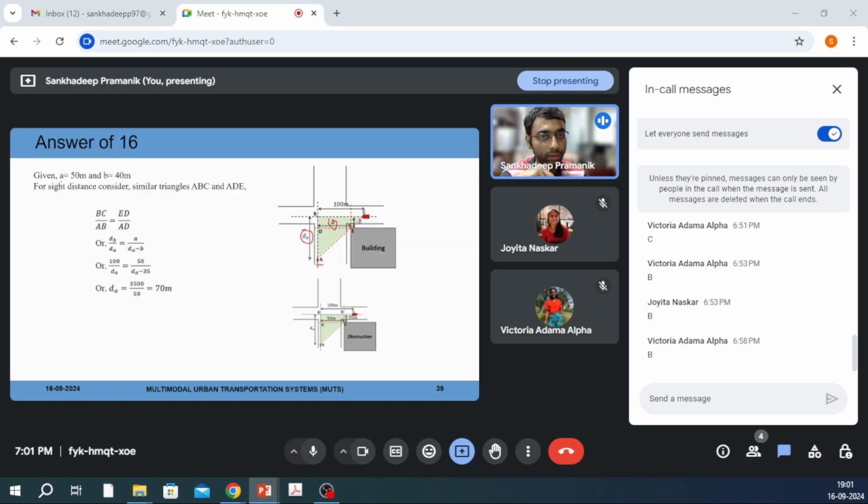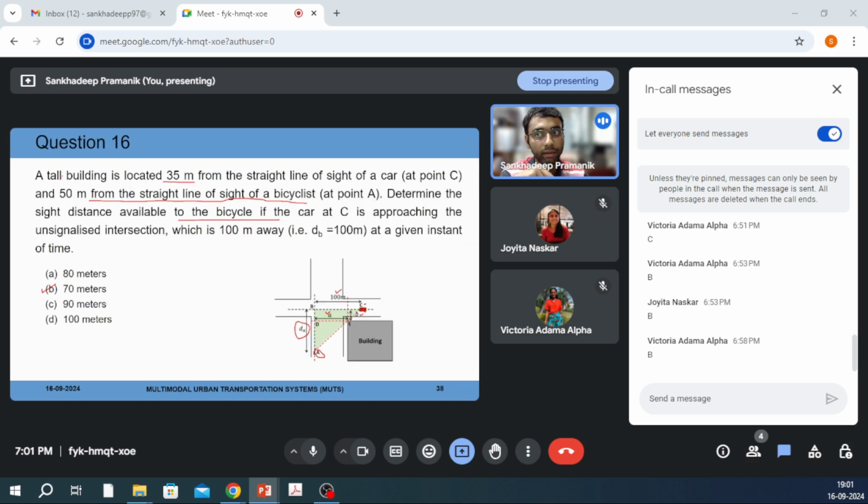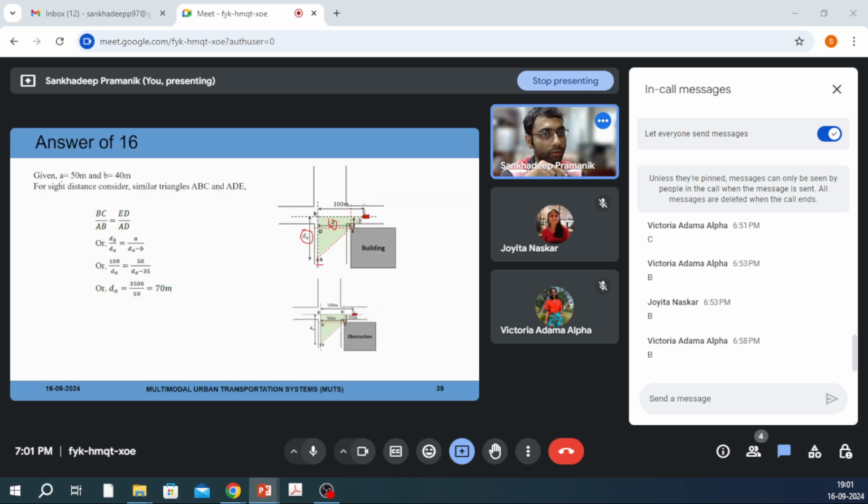So this one is A, and a tall building is also located 35 meter from the straight line of a car. So this B is 35. It is not 40, it is 35. This A and B we know.